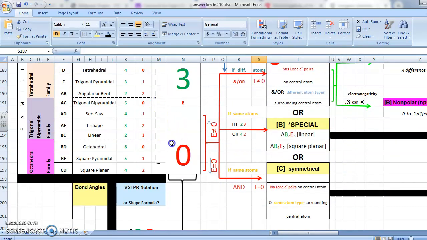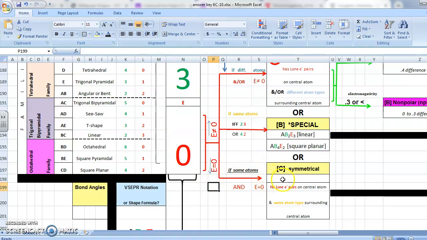This is important to go through the questions in this order. If we just use the B and E, 3 and 0, without looking at the atoms, watch where that would take us. No lone pairs would take us down this line, and if we don't read closely, if E equals 0, it is symmetrical, but it has to have the same type of atoms. They must be the same type of atoms.